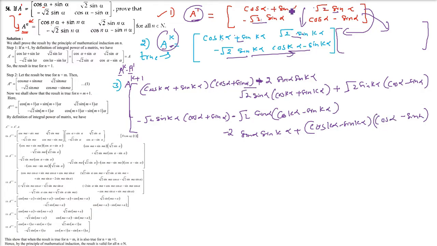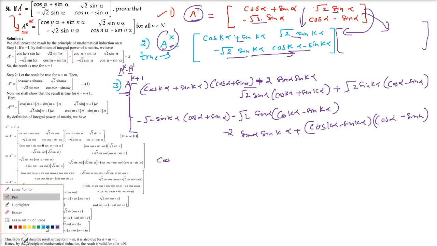Most of the things you know about this, you need to know what is cos A cos B plus sin A sin B, and cos A sin B minus sin A cos B. All these you must know before actually attempting this question. So I'm multiplying now.